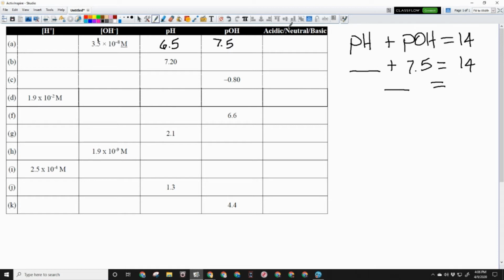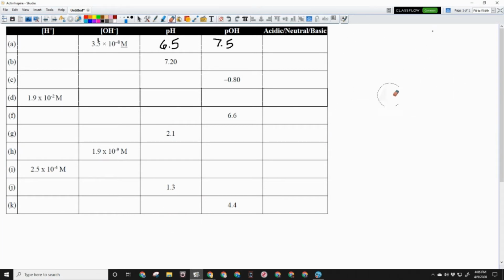So this column here, where we're deciding if it's acid, base, or neutral, that comes from the pH column. I told you anything that is less than 7 is an acid.